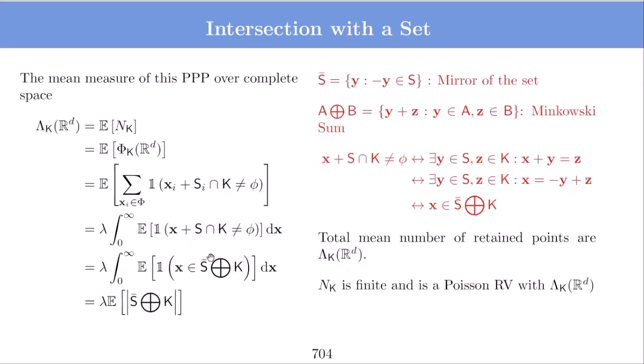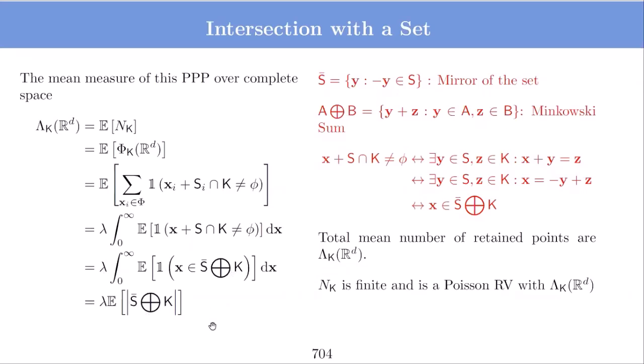Let's call it A. And we know that if you integrate the indicator of a set over the space, you just get the area of that set. So here I get lambda expectation of the area of this set A, which is S bar Minkowski sum K. So it is equal to lambda E of the area of S bar Minkowski sum K.